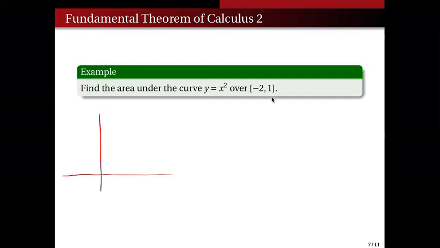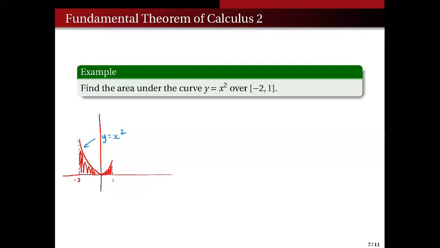So over the interval -2 to 1, you will have something like this. So this is 1, and then this is -2. So the area under the curve, the region is here. You want to find the area of the region under the curve, to be more precise. So this is your y equals x squared.